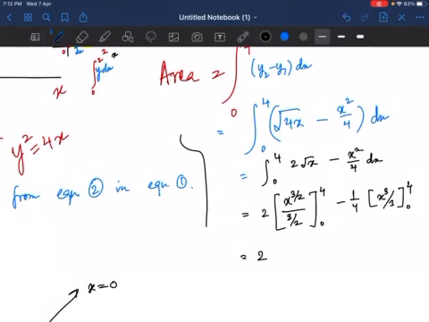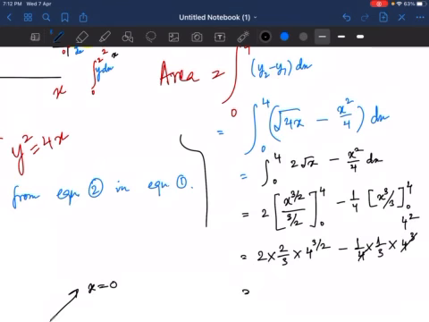So first this 3 by 2 goes up, it becomes 2 by 3 into, first you put 4, so it becomes 4 to the 3 by 2, and for 0 there is no need to put that. Again minus 1 by 4, and here it is 1 by 3, it's already down there, into, you put 4 cube in here. So this 4 and this 4 get cancelled, we are getting 4 square, it's 4 cube, right?